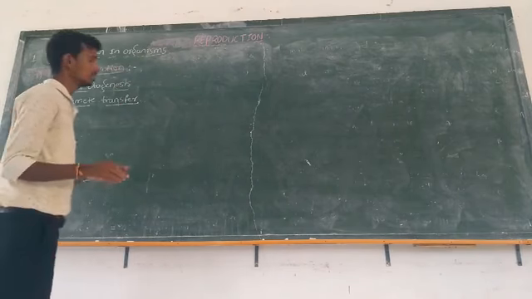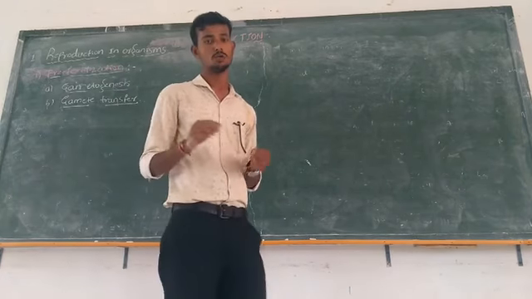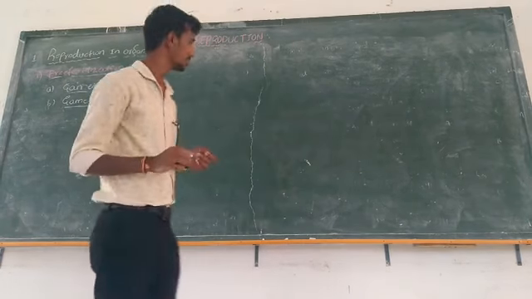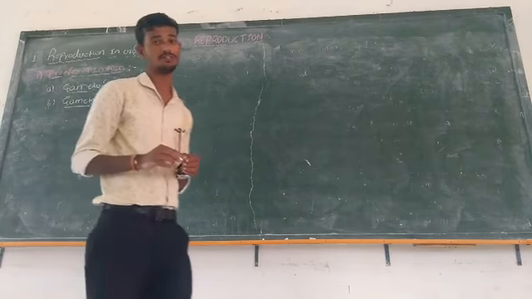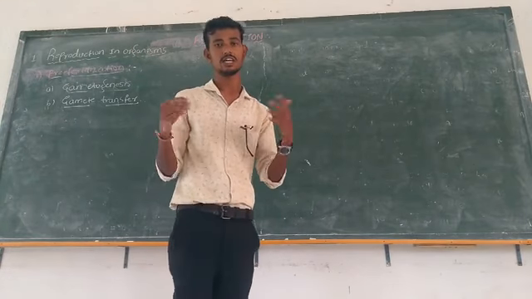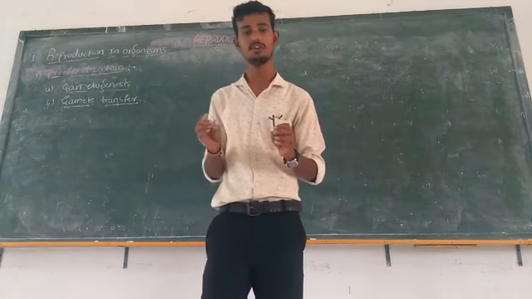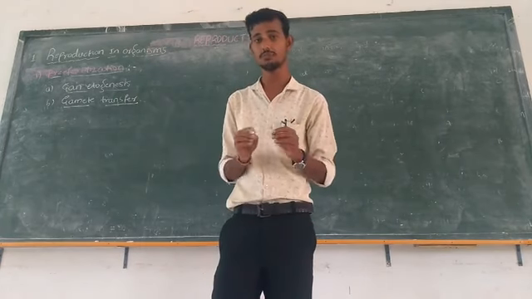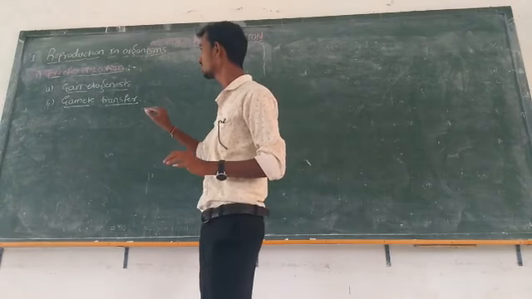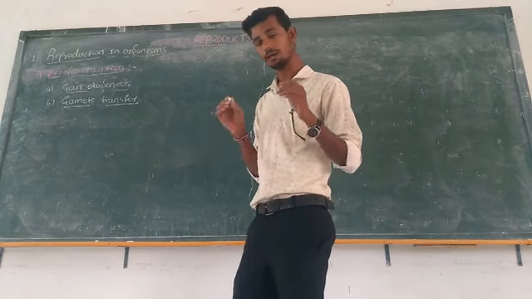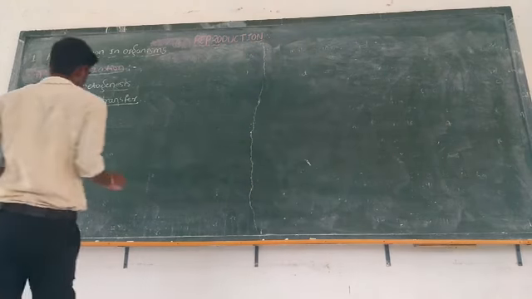In a bisexual flower or bisexual animal, how can they transfer the gametes? They can't transfer the gametes, because male and female gametes are in the same plant or same animal. That's why gamete transfer is not involved in bisexual animals or bisexual flowers.